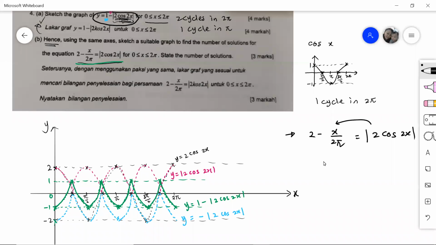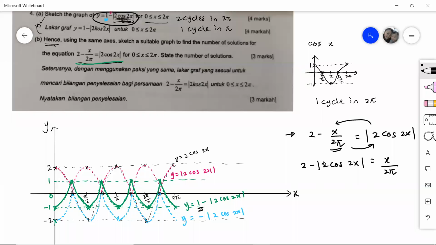I can just move this over here, so the modulus 2 cos 2x becomes minus. Now I will have 2 minus modulus 2 cos 2x equals, bringing x over 2 pi to the right hand side, positive x over 2 pi. Next, I only want 1 minus modulus 2 cos 2x, not 2 minus.